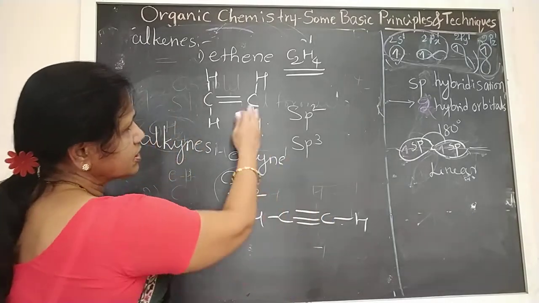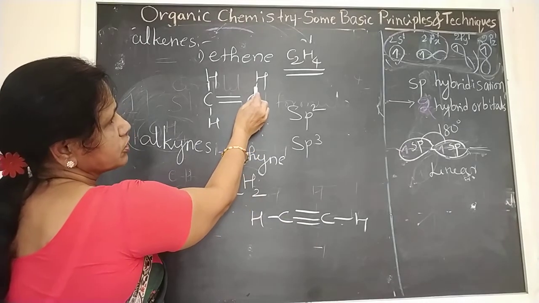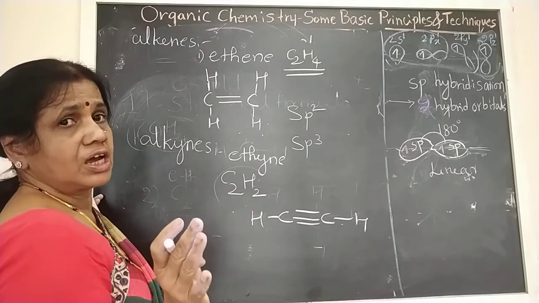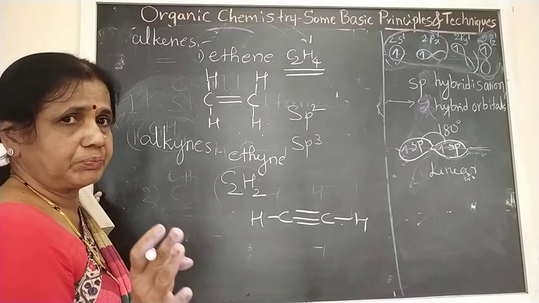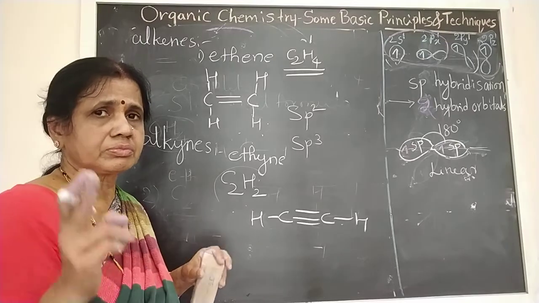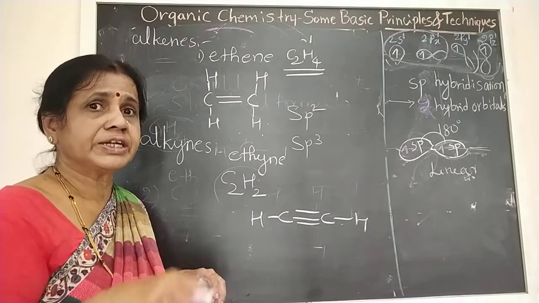So in all these structures you can observe that carbon has 4 bonds, 1, 2, 3, 4, to satisfy the tetravalency of carbon. So always when you write the structure of an organic compound, remember carbon should contain 4 bonds around it.